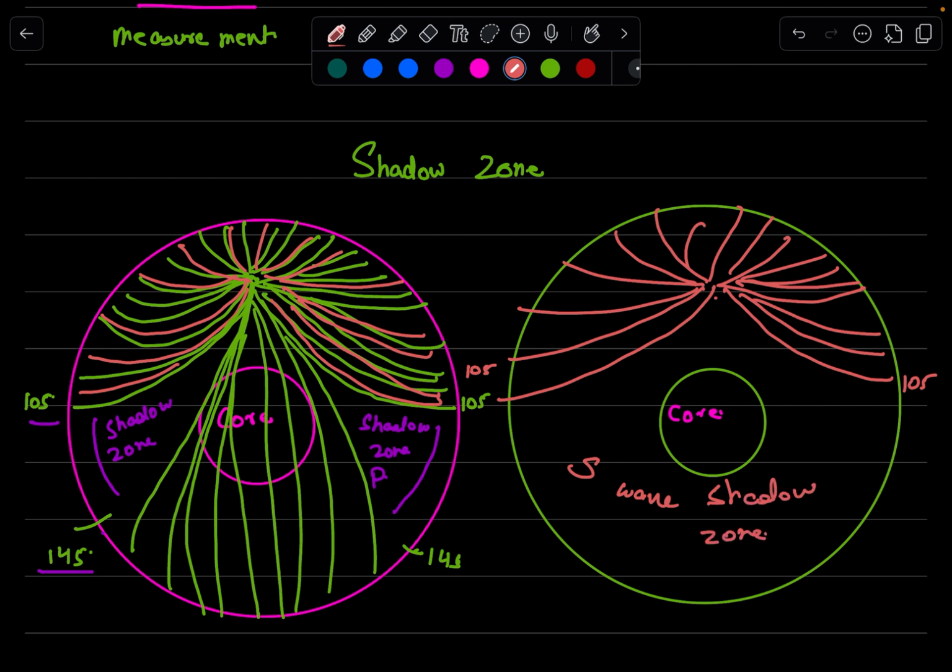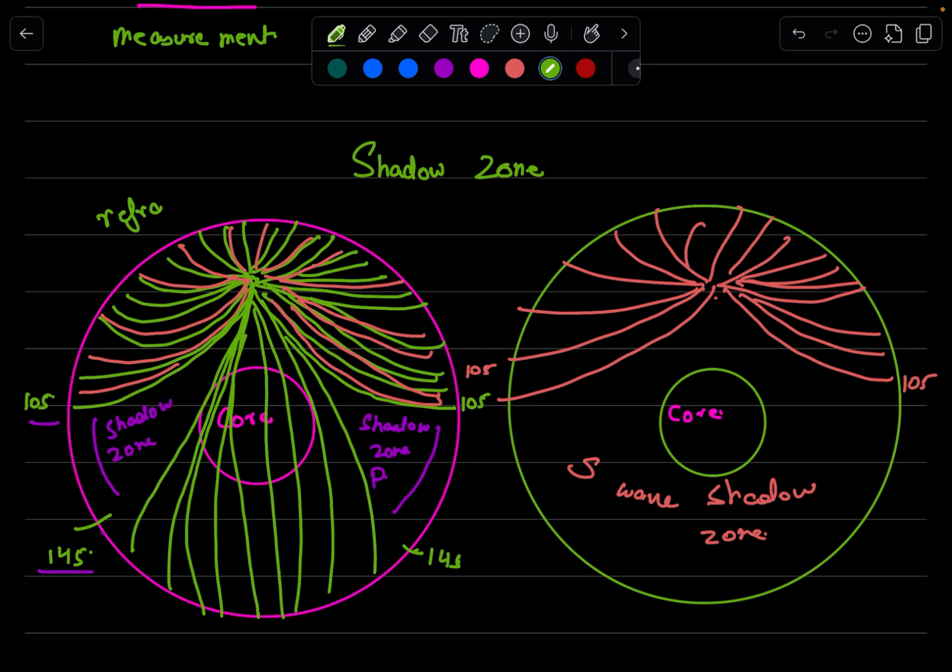Now, why is it happening? It is possible for S waves to travel only through solids. That is why in other regions it is not reaching; it is getting reflected or not being propagated by liquids. P waves, on the other hand, can travel in all the mediums, still they are getting refracted.